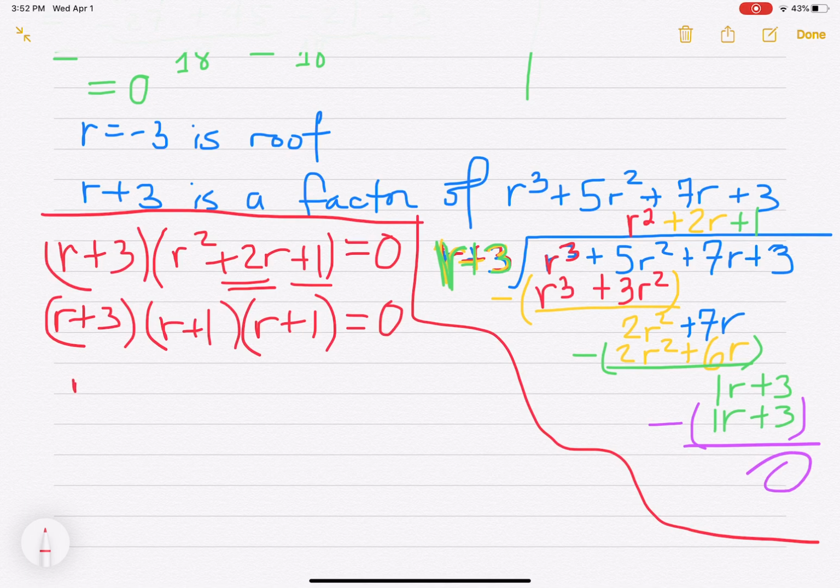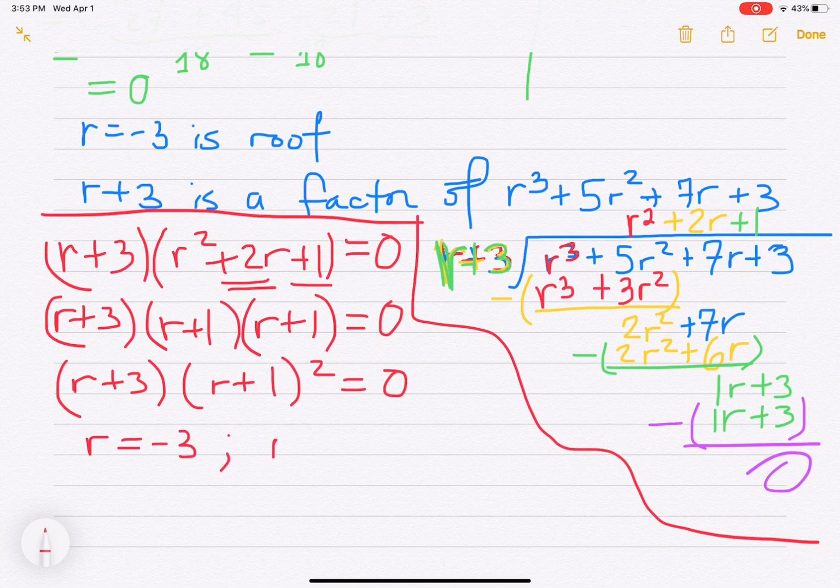So what do I got? I got r plus 3 multiplied by r plus 1 quantity squared equals 0. So you're going to get two roots: negative 3 for the factor r plus 3 and negative 1 for the factor r plus 1.